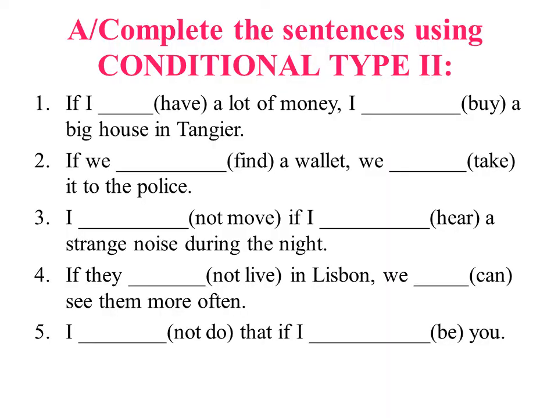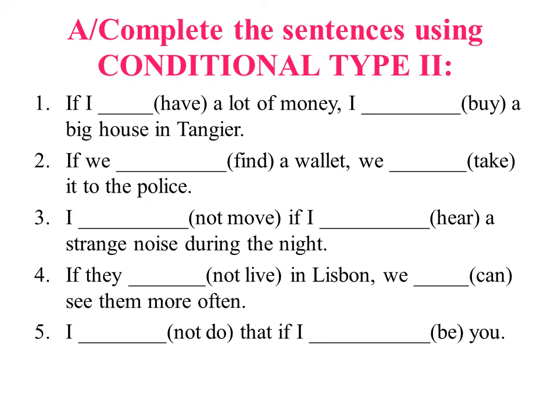Now you can practice conditional type 2. You have 2 activities to be done. So you can copy this exercise in your copybook and do it. Exercise A, you are going to complete the sentences using conditional type 2. You are going to conjugate the verbs between brackets to form conditional type 2. Of course, again, if plus subject plus simple past plus would plus infinitive.